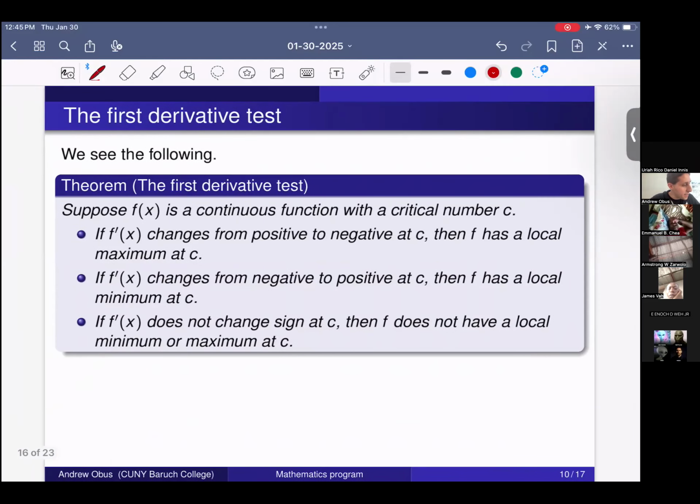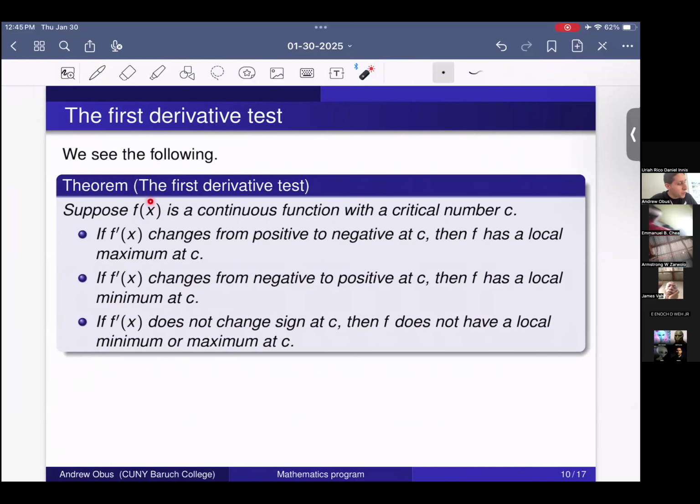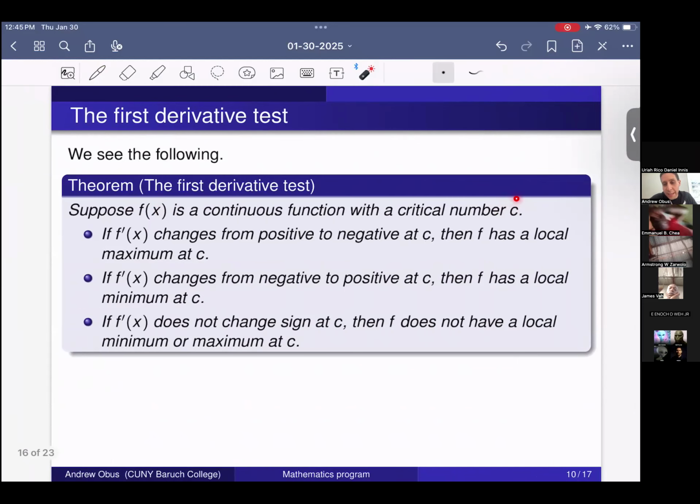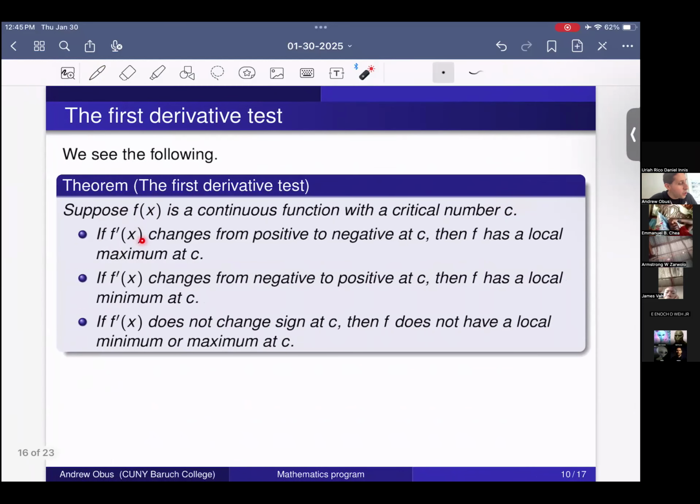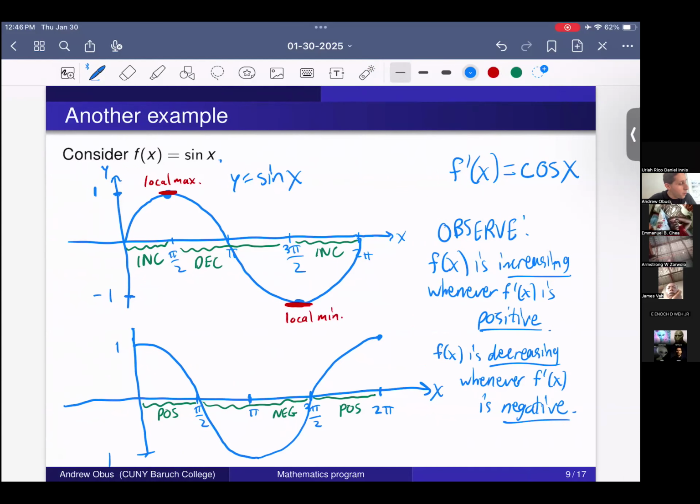The theorem says that if I have a continuous function and I have a critical number, c, then if the derivative changes from positive to negative at c, then f has a local maximum. So let's look on our sine graph to see how that works. If the derivative goes from positive to negative, that's the same thing as the function going from increasing to decreasing.